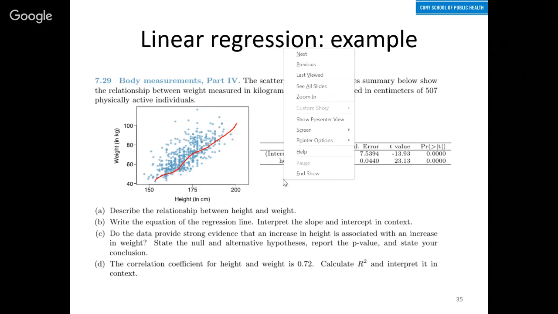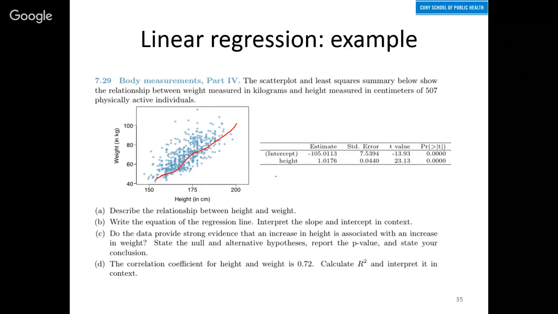So, let's put weight equals minus 105, and this is kilograms, plus 1.